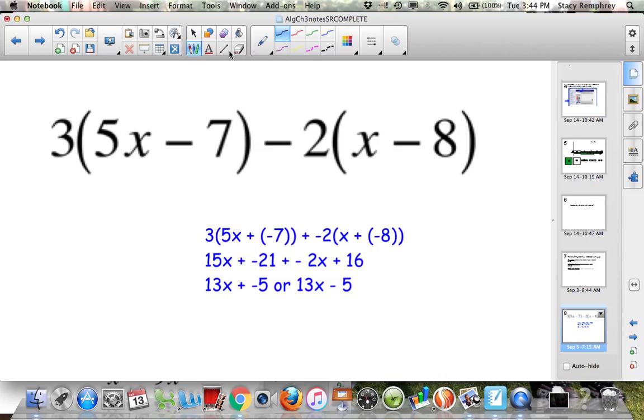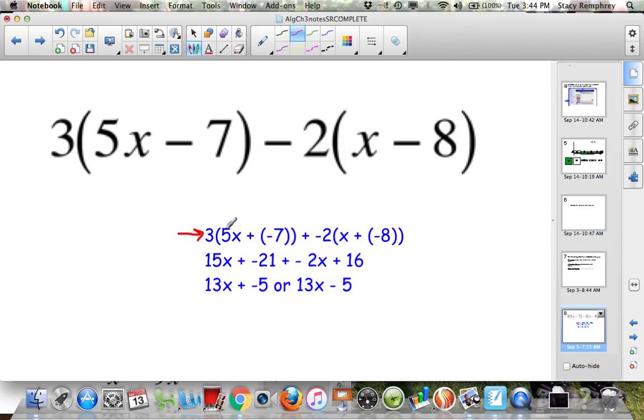This is more if it's helpful to you. All I did here, subtraction is really addition. It's the same as adding a negative. Sometimes I have people distribute the 2 and not a negative 2, so if that helps you, that's an optional step if you need it.